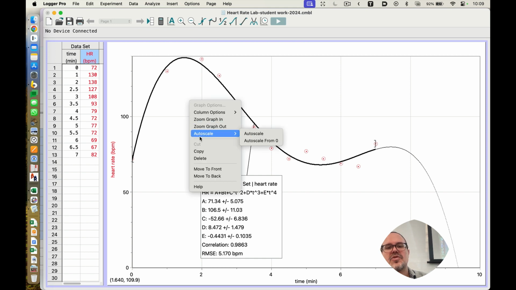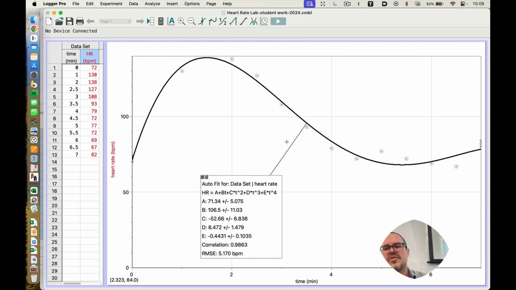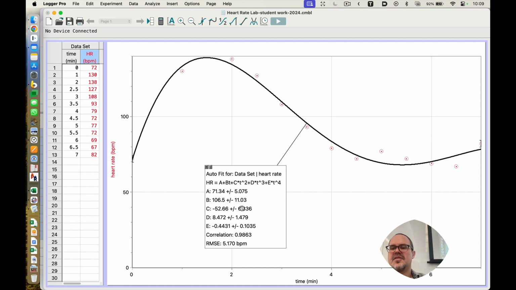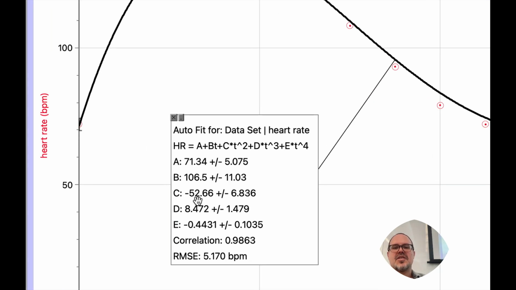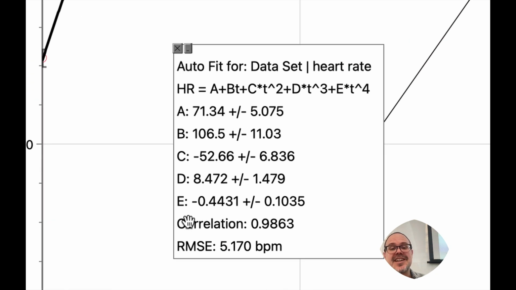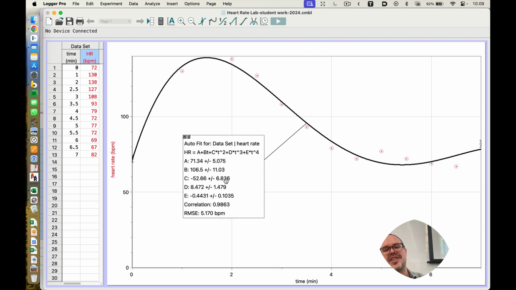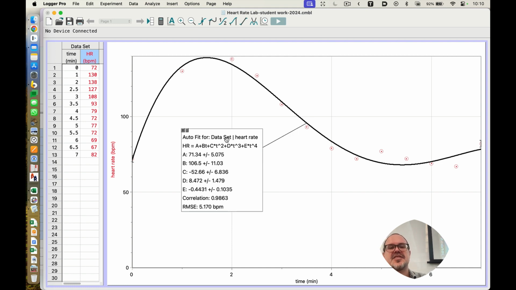And we're going to auto scale from 0. That's not bad. I used the quadratic, never used the quintic except for something fake like this.